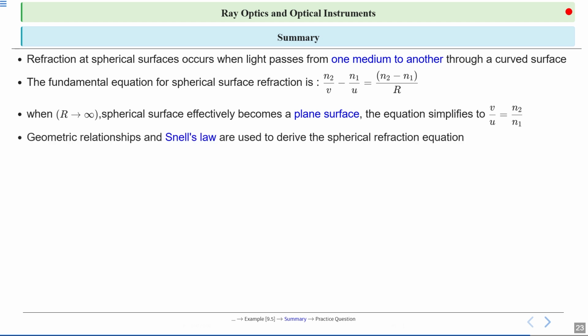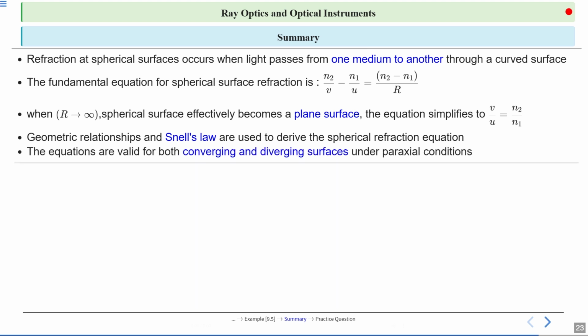Geometric relationships and Snell's law are used to derive the spherical refraction equation. The equations are valid for both converging and diverging surfaces. What is a converging surface for spherical surfaces? That is the convex surface. And diverging refracting surfaces are concave surfaces.